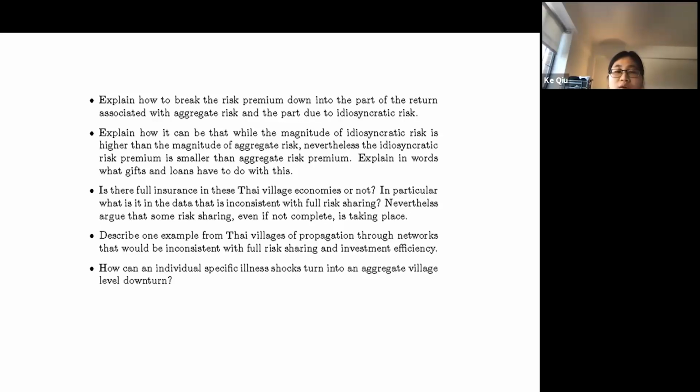So through the network, households who are connected, who are related to each other much more, maybe shock. There was a negative shock between them. So some illness shocks to these households may transfer to the aggregate village through the correlation.